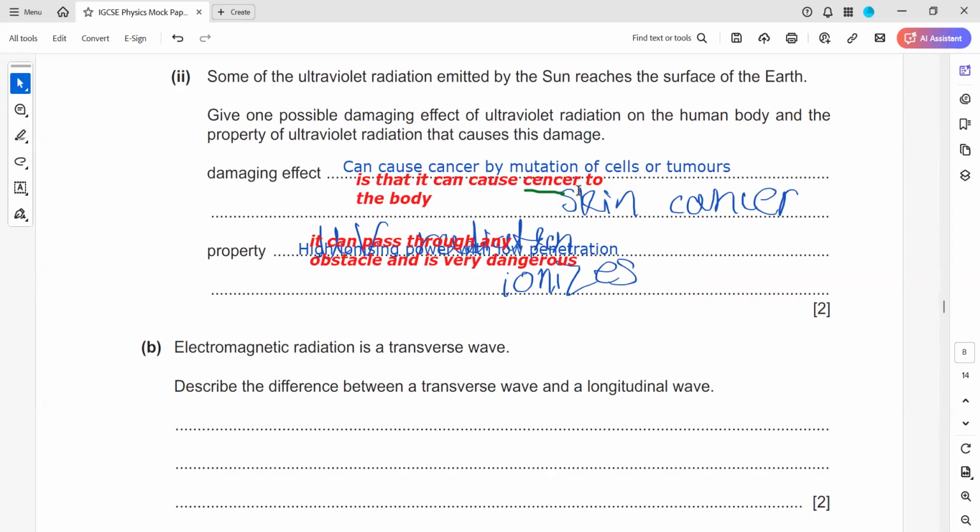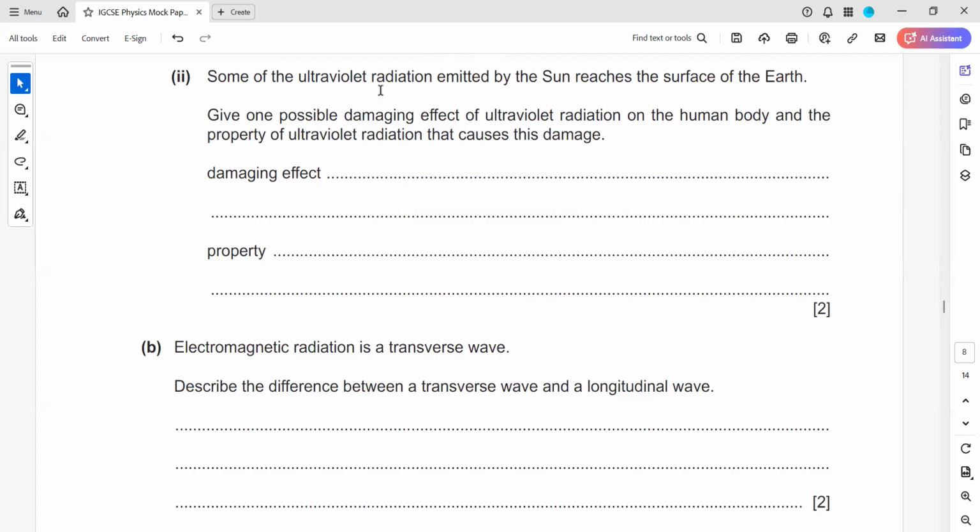So the most appropriate answer is ionization here. Damaged skin, and what property can cause this damage, you should use the term ionization. Like if they ask why alpha particles are dangerous, beta is dangerous, gamma is dangerous, you will say it is ionization. That is the most appropriate thing about radiation. So the damaging effect can cause cancer, of any type, and the property is ionization.